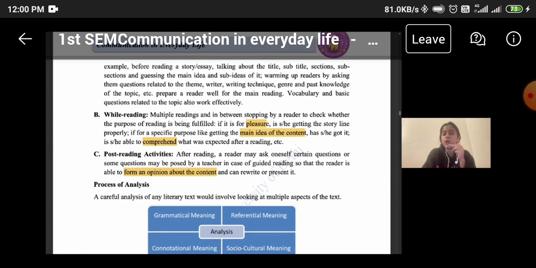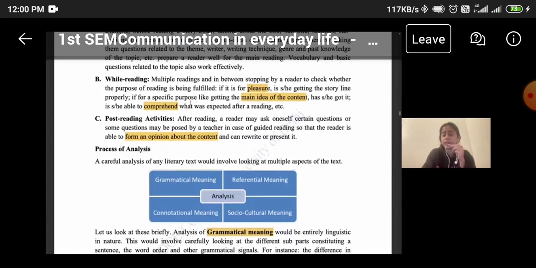But what is expected of a reader comes in your post-reading activity. While comprehension also happens when you are reading, this extends to the post-reading activity, where the reader makes certain that the questions he or she came across while reading the work are properly evaluated.